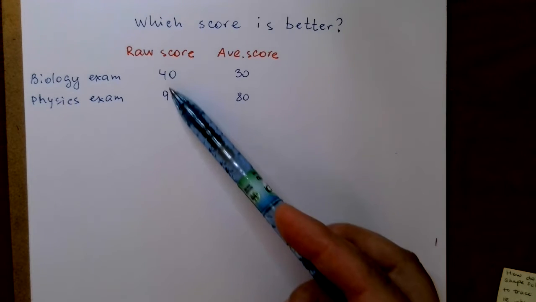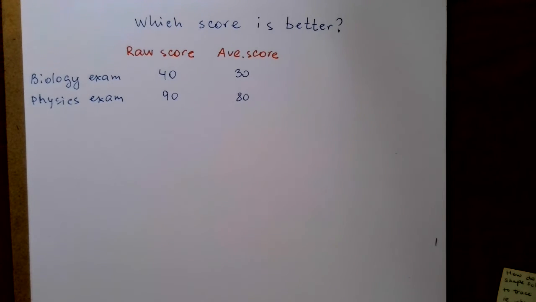But now for these two, both of them are above the average. So in which class did she actually get a better grade? Okay, so we need a little bit more information again. What kind of information would you want to know? Tell me right now. Which information do you need to know in order to answer that question?